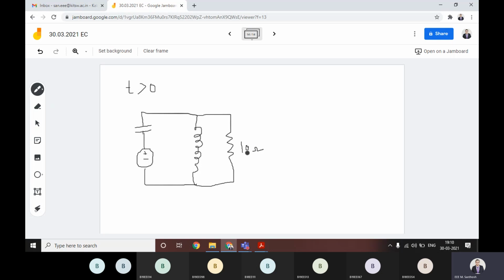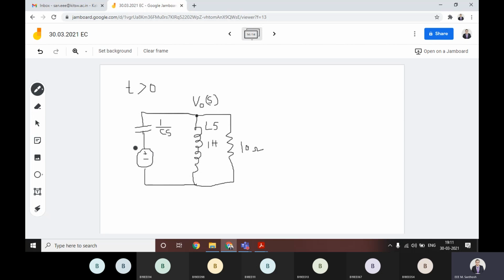Then suppose the value of voltage here is V naught of S. Whenever you are calculating for inductors, we have told you already, in the S plane the S value will be multiplied. Whenever using capacitors in the Laplace transform, you will get the representation 1 by Cs.